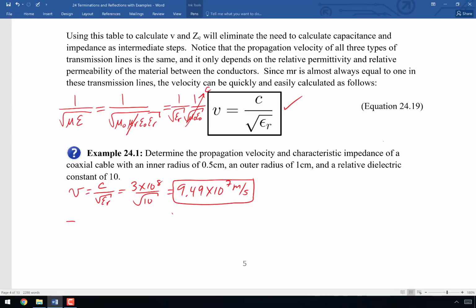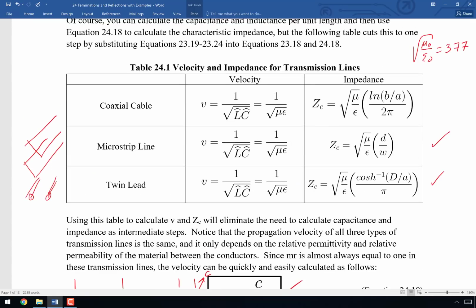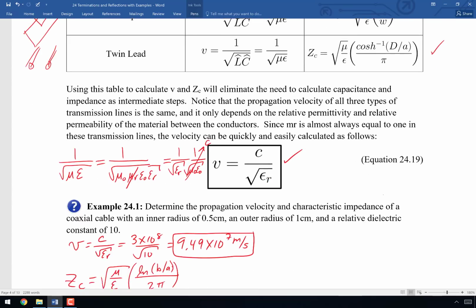The characteristic impedance, now again, if you had L hat and C hat, plug them into the equation that we have. But in our case, we don't have that. So I'm going to do the equation from that table. It's the natural log of b divided by a, divided by 2 pi. Let me just double check that I got that right. Natural log of b divided by a over 2 pi. Good.